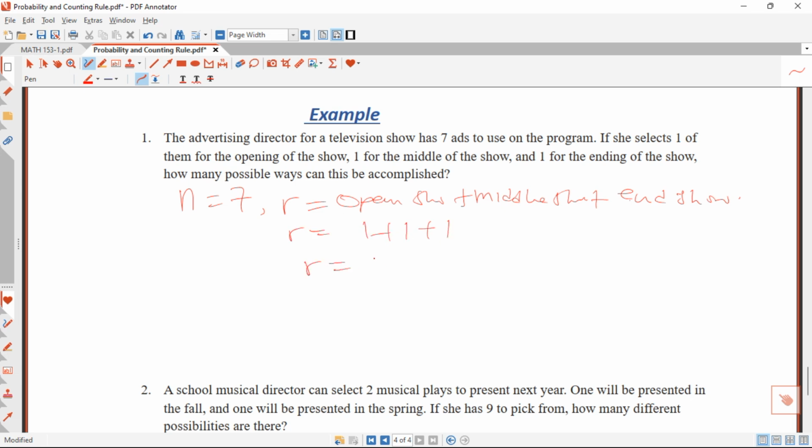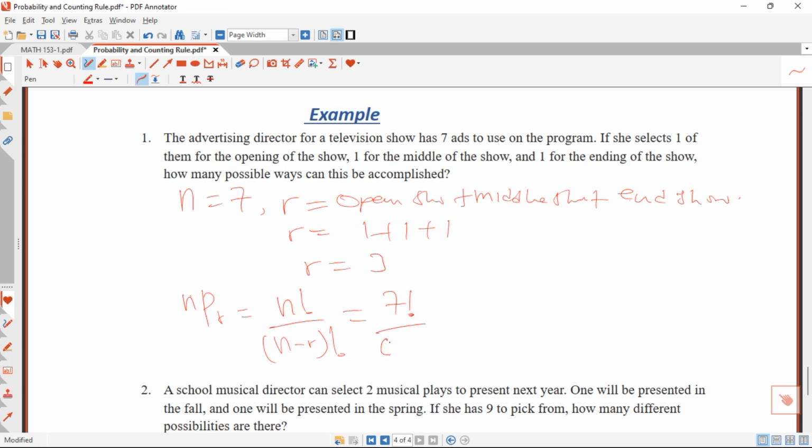So our r will be equal to 3. Since r is 3 and n is 7, nPr is equal to n factorial divided by (n minus r) factorial. We know n to be 7, so it will be 7 factorial, and we know r to be 3.